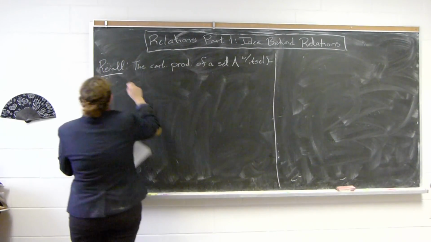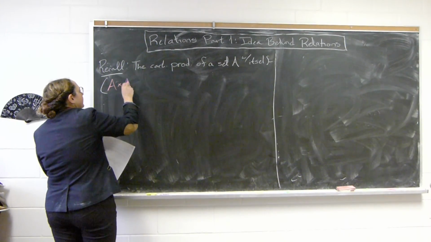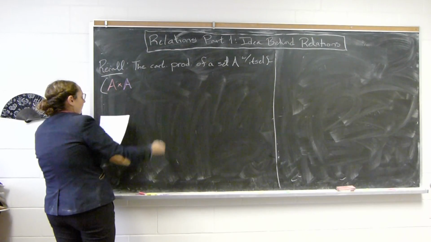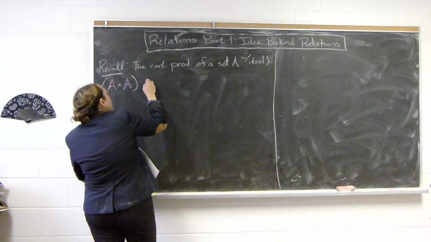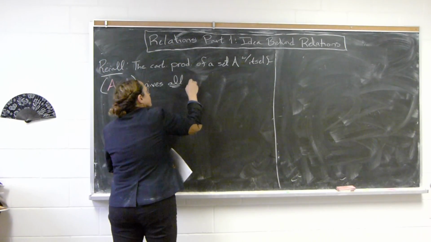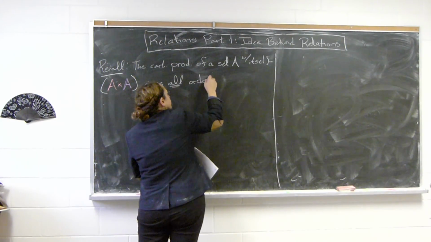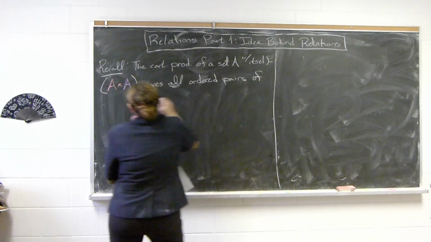So I've got a Cartesian product with itself like this. If I'm in the first coordinate, I'm red. If I'm in the second coordinate, I'm purple. Okay, it gives all ordered pairs of elements of A.